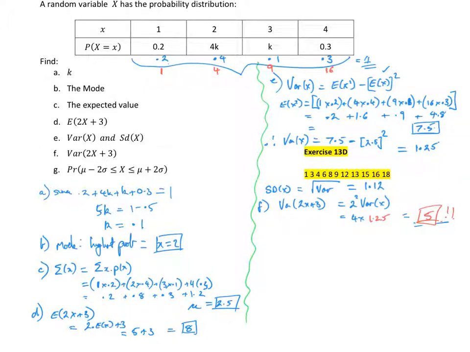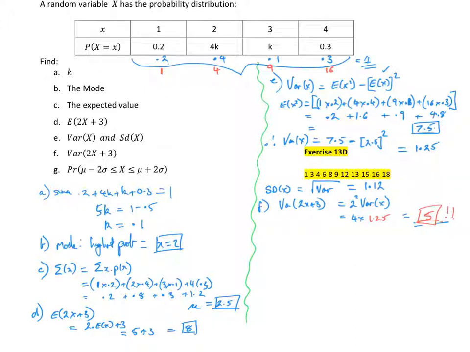Finally, find the probability that x is within 2 standard deviations of the mean. So don't forget, 1.12 is equal to sigma, that's my standard deviation.